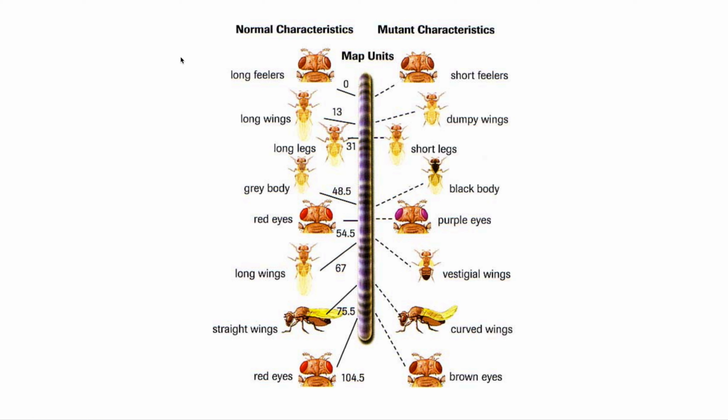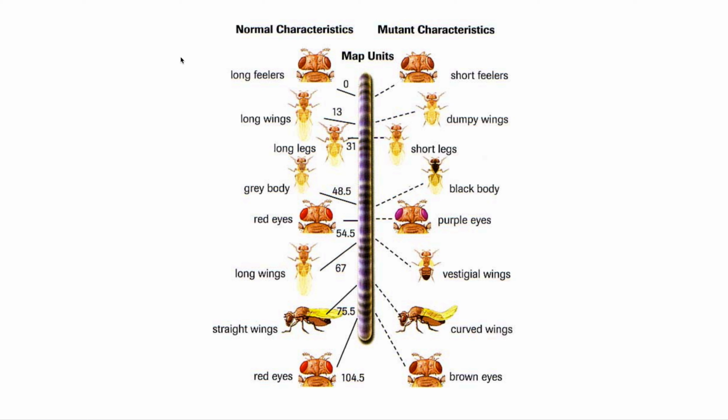So yes, you can get genes that are more than 100 map units apart from each other, which means sometimes we can translate those map units and say this is likely to be greater than 100% chance of crossover because they're so far apart.